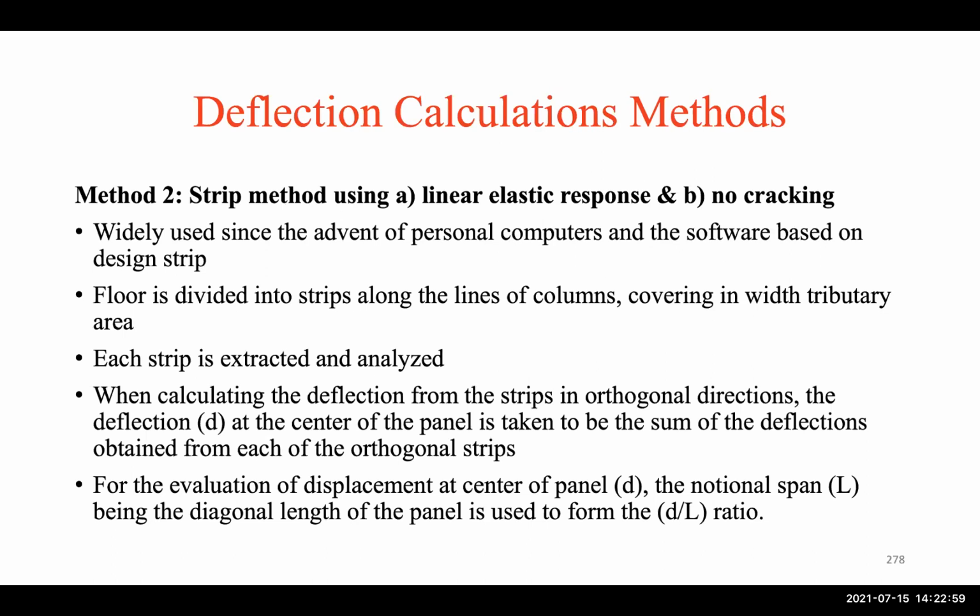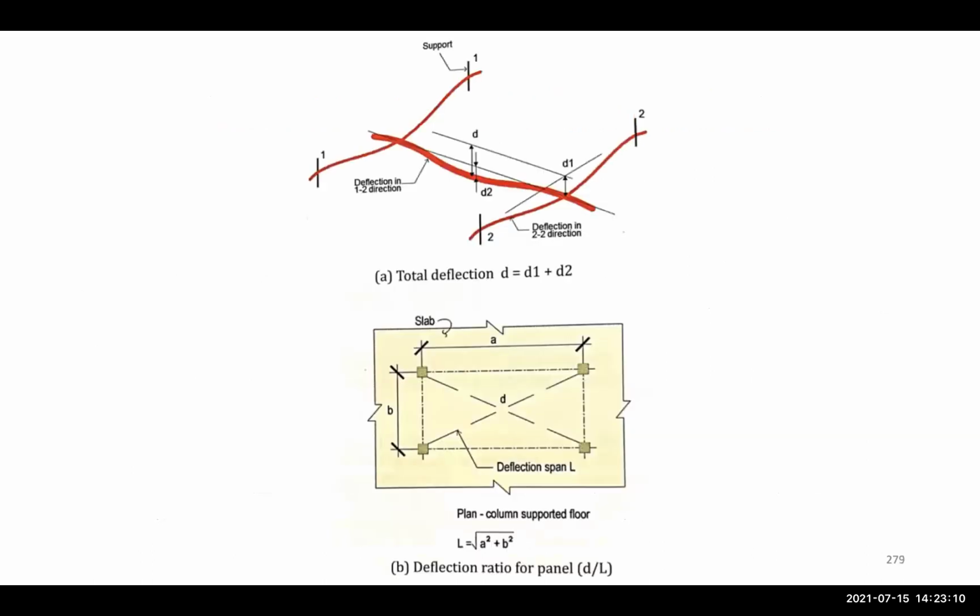And then there's the strip method using linear elastic and no cracking. Again, this requires detailed analysis, and it's a very good method, the strip method, and it's also used with allowance for cracking. By dividing the slab into strips, we can look at it like a beam basically. But here, as you can see, there's deflection from both sides.